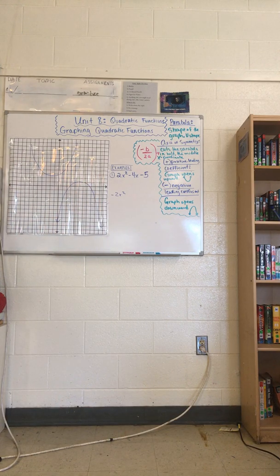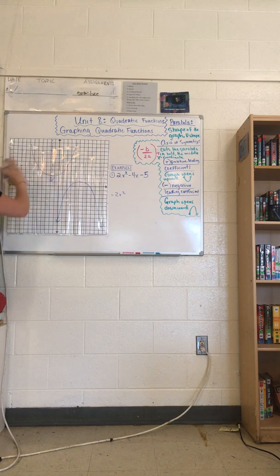All right. Now, we're going to graph these today, and typically when we graph things, we create a table of values, okay? There is one thing that will make it easier, so we don't just have to come up with a bunch of different tables of values, and that is the axis of symmetry. The axis of symmetry is the x value that cuts the graph in half. So the axis of symmetry here would probably be somewhere right about here.